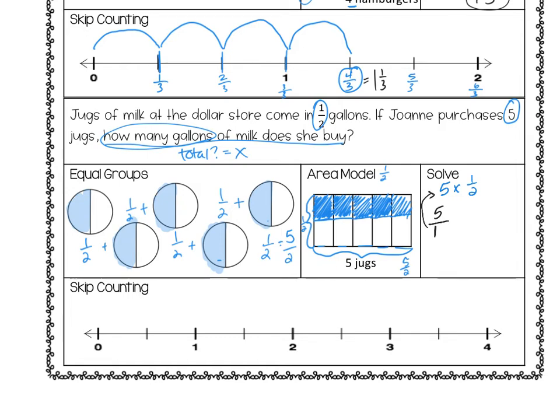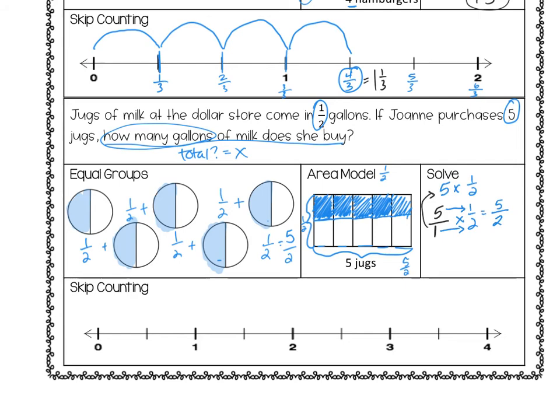The number does not change when we put it over 1. It is the same exact number. So we have 5 times 1/2. And now we can just take our fraction and multiply straight across. So 5 times 1 equals 5. And 1 times 2 equals 2. So our fraction is 5 halves.